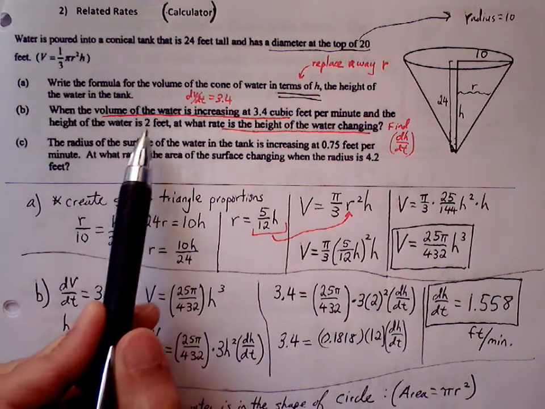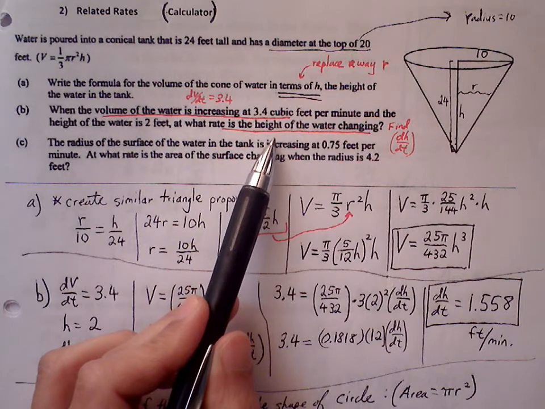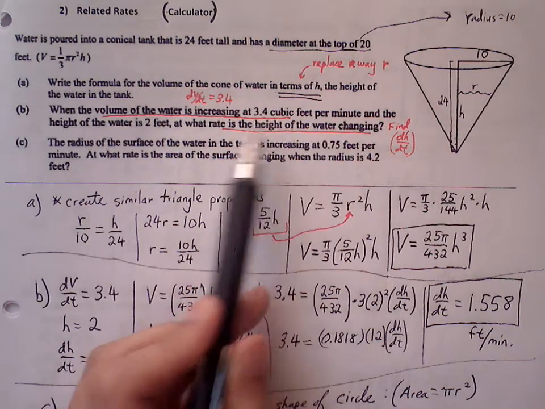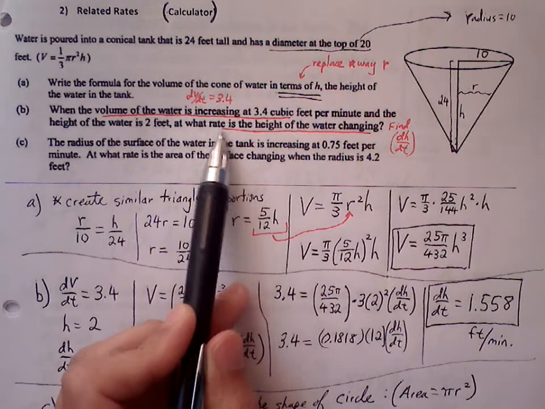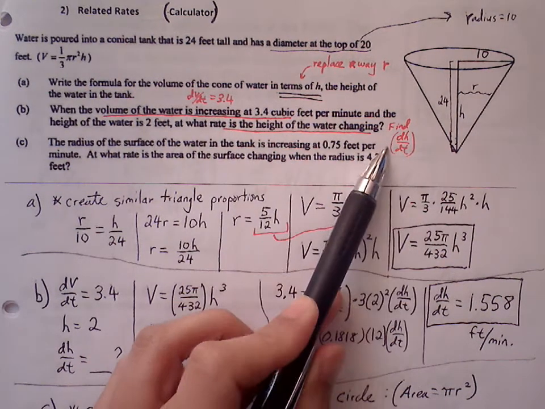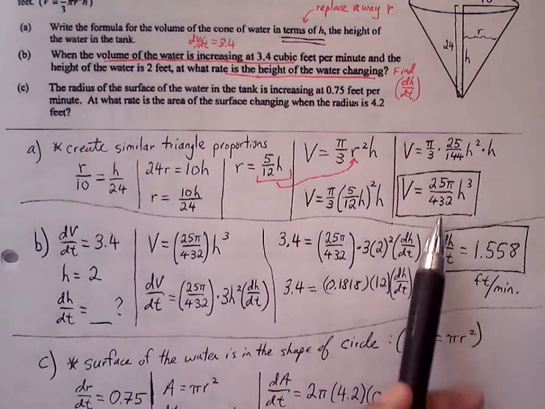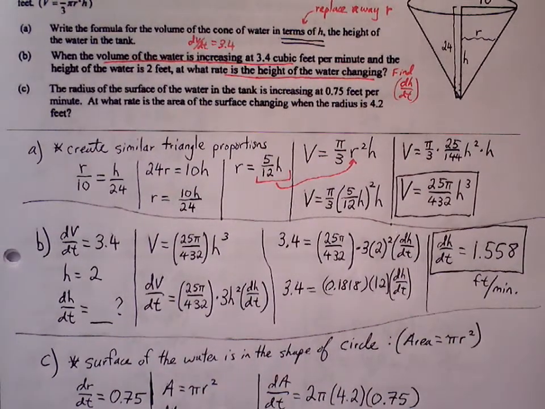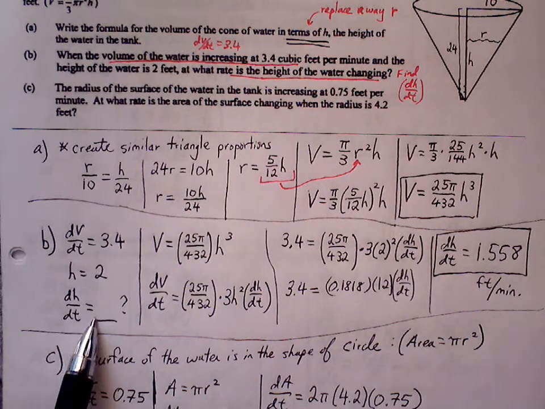The height of the water is 2 feet, so H is 2. At what rate is the height of the water changing? So we're looking for not H, but dH dt because there's a rate involved here. That sets us up nicely from the equation from part A. dV dt is 3.4, H is 2, dH dt is what we're looking for.